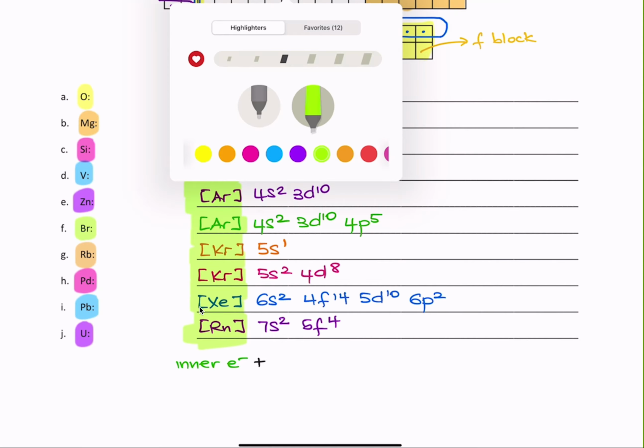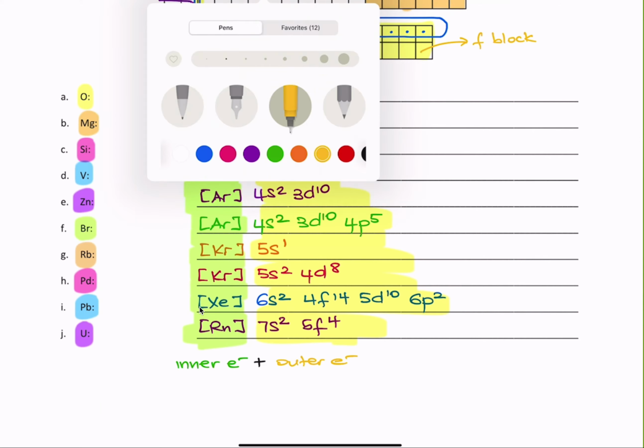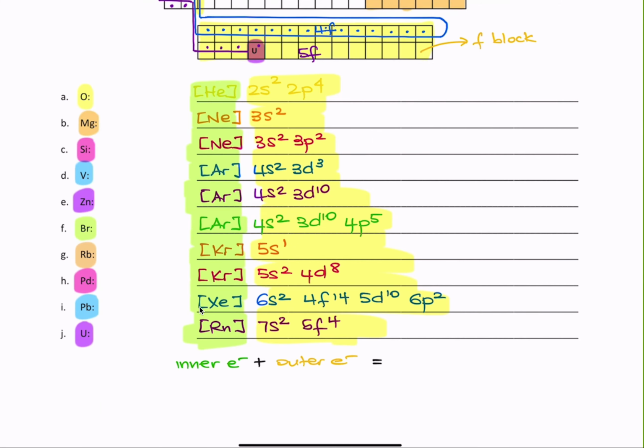These are your outer electrons. Together, they represent the total number of electrons, which is, in the case of a neutral atom, the atomic number.